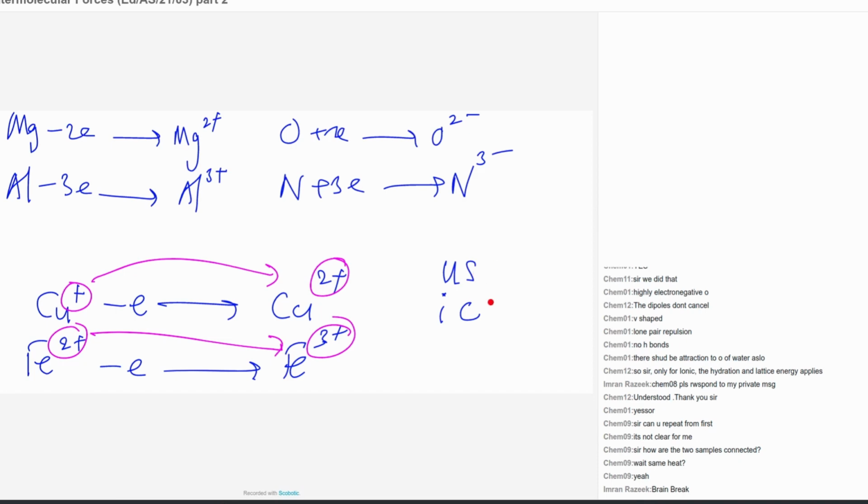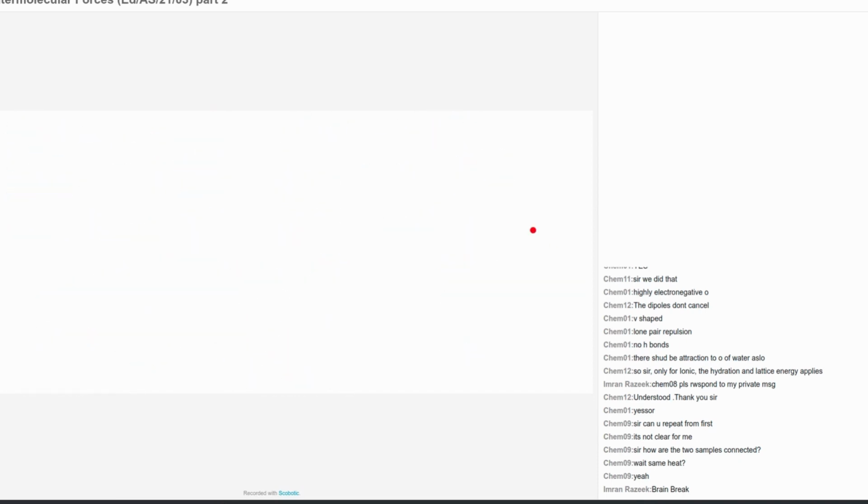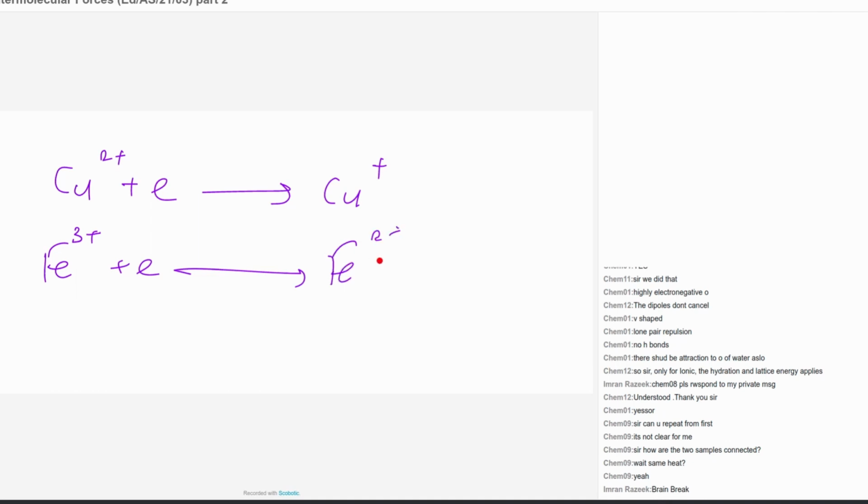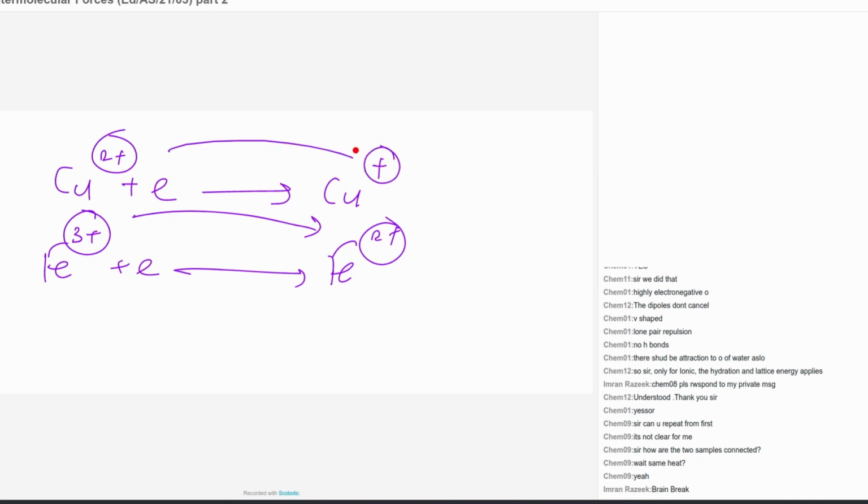Look at the opposite. Let's see what happens when the oxidation number is decreased. Now see, copper 2+ can gain an electron and form copper +. A decrease in oxidation state. That is cupric to cuprous, ferric to ferrous. The oxidation number has decreased. A decrease in oxidation state is referred to as reduction, because a decrease in oxidation state requires gaining of electrons.